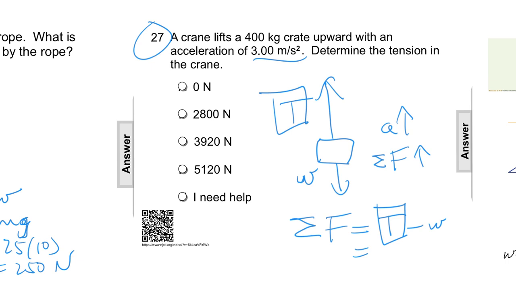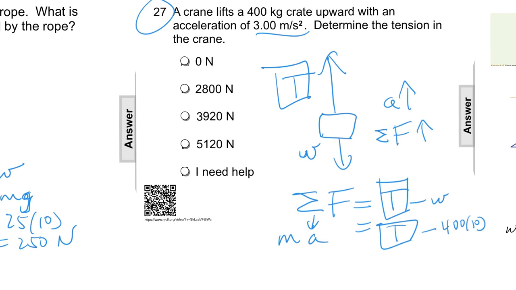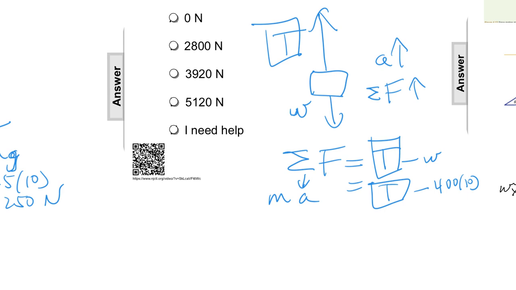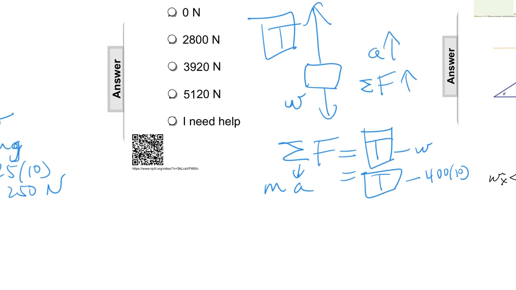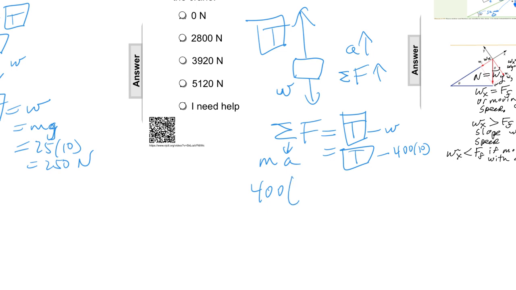The tension, that's what I'm looking for. The weight is mg, so it's 400 times 10. Net force is ma, so the mass is 400 times positive 3.